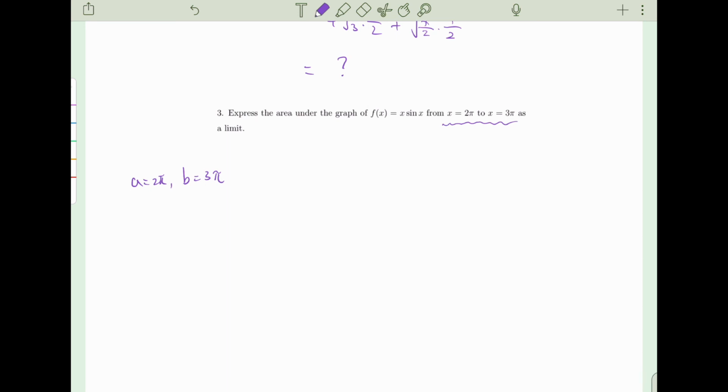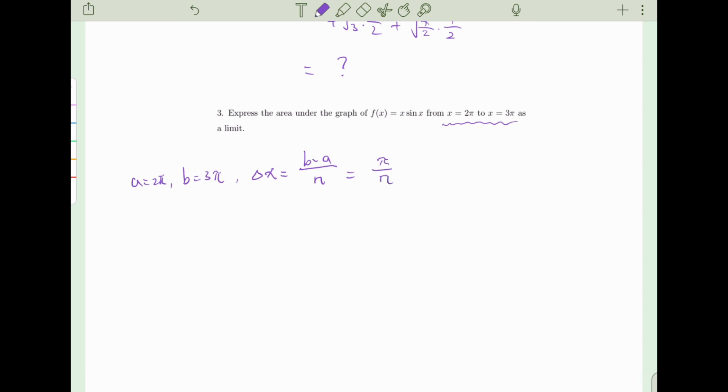Now the length of each small interval, delta x, is equal to b minus a divided by the number of the intervals. And since we are using a limit, we need infinitely many intervals. So the number of the subintervals will be equal to n, and n is going to go to infinity after. So this is b minus a divided by n, so it's pi divided by n.